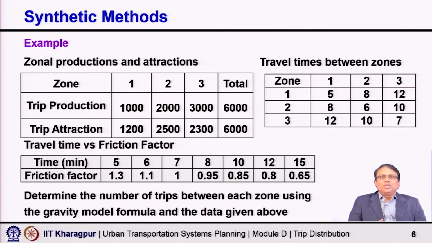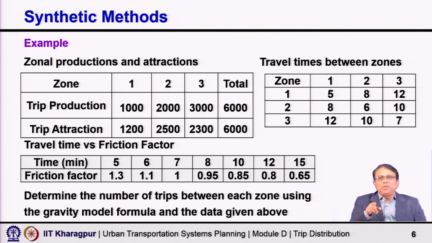So as the distance or time increases, fewer trips are likely to go. But here Fij is used as a multiplier, in the numerator.